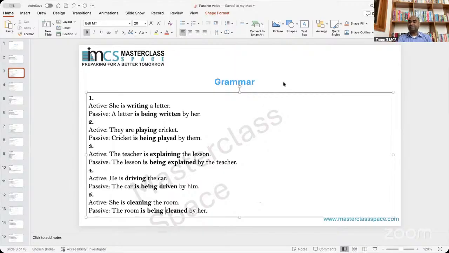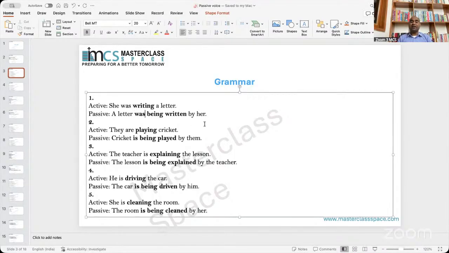In active voice, you know that it is verb first form, do, does in case of negative sentence. But when it is passive voice, then it is is, am, are plus past participle verb. In case of continuous tense, it is what? Ing. For passive voice, you need to add just one extra, and that becomes being. To change past continuous tense, you do not need anything different. She was writing a letter. The letter was being written by her.